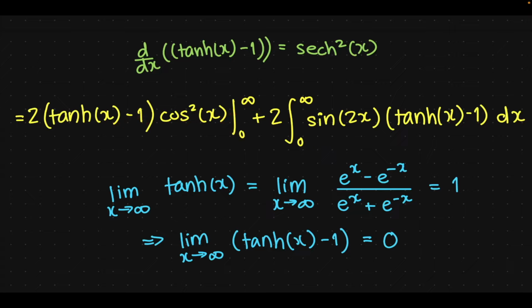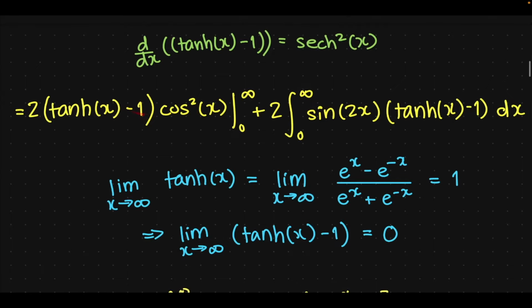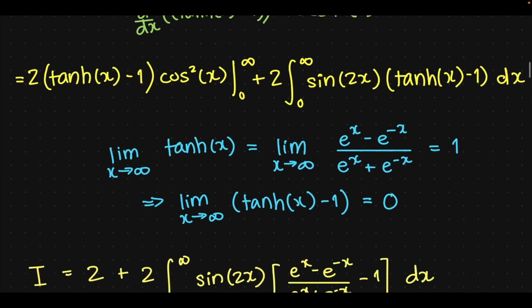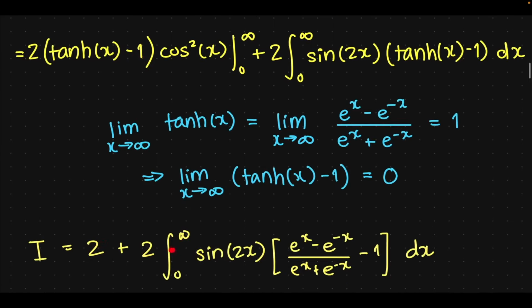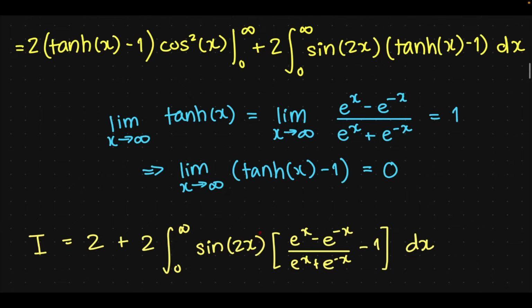That forces the limit to go to 0. And at 0, this tanh is 0. At x equals 0, we have a minus 2 because the cosine of 0 is 1. So minus 2, and since it's the lower bound, it will be a plus 2. So we have plus 2 times the integral 0 to infinity of sine 2x.